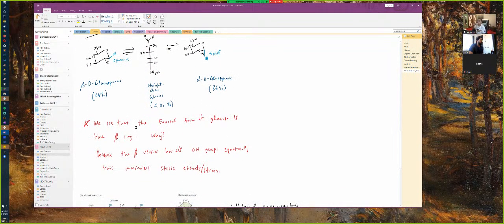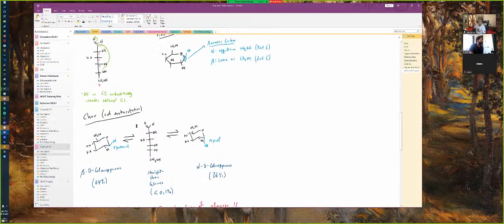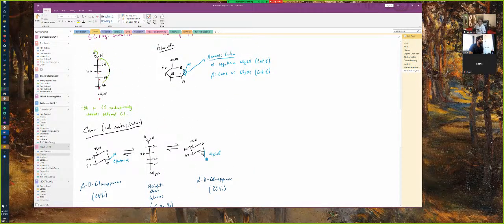Okay. What was that thing you wrote in green there? Oh, this is just, I didn't know if I should go into it more in depth because it's kind of an orgo thing.